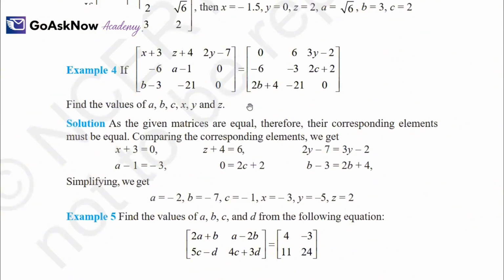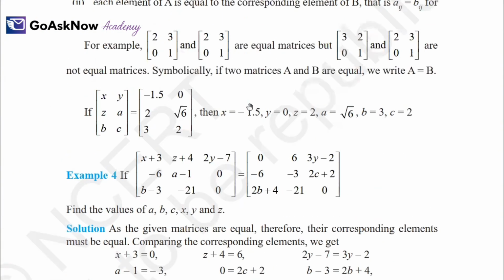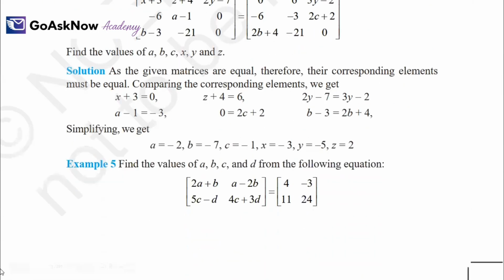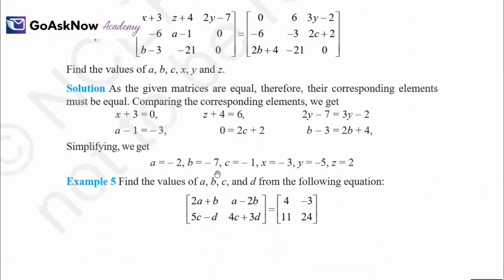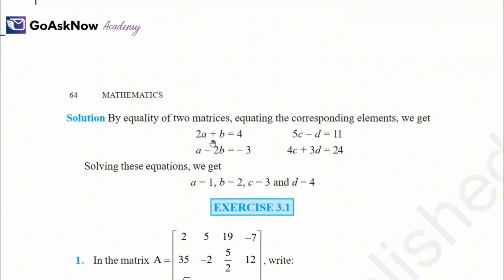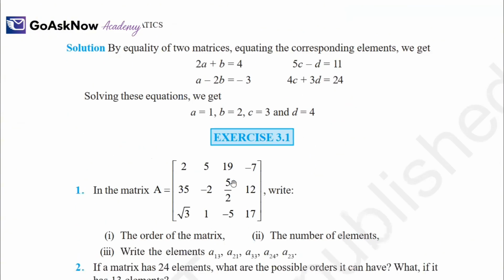There are other examples of equal matrices too, and you can do them yourself because these are all simple. See here, one example is 2a plus b equal to 4. This will give you equations in two variables, and then you can solve them further. I hope you can solve these questions. These are easy questions.